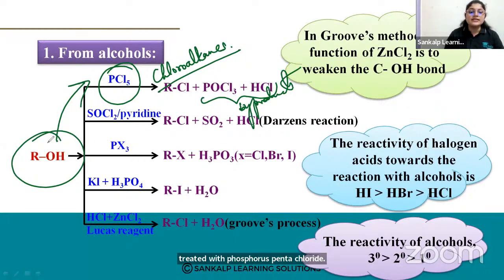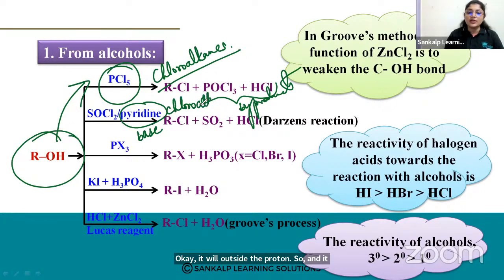Then the next is alcohols treated with thionyl chloride in the presence of a base called pyridine. Pyridine is the base, so it will abstract the proton, and it will yield chloroalkanes again.